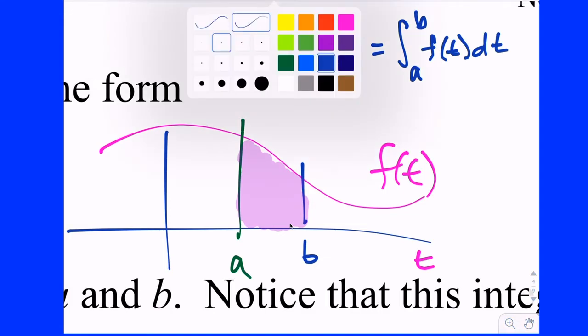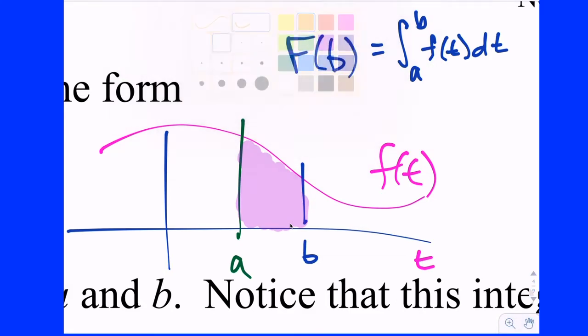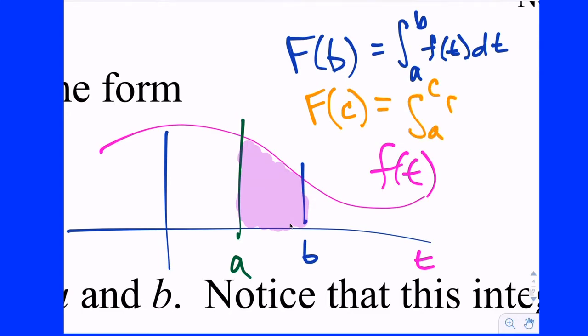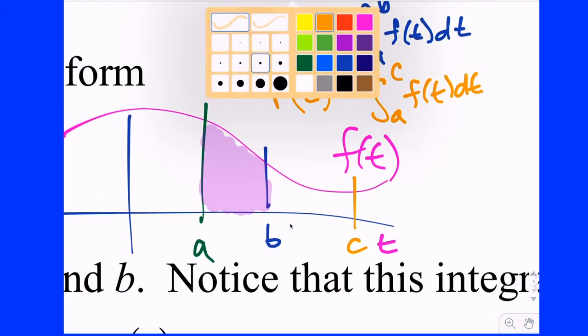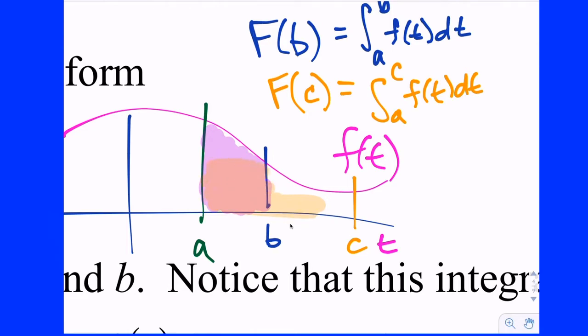Okay? Well, what if I wanted to figure out what the integral was from a to c? Well, that would just be F of c. It would now be the integral from a to c of f of t dt. And c could be maybe somewhere over here. And, of course, that area from a to c now, or the integral in general, I should say, would represent big F of c.